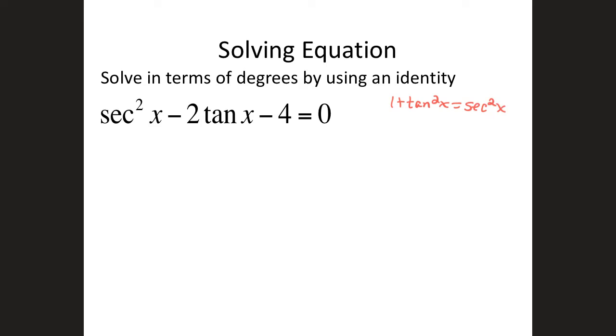So the first thing that I'm going to do is replace my secant squared of x so that I'm only in terms of tangent. Next, I see some like terms. I have this 1 and -4, so I can combine those.